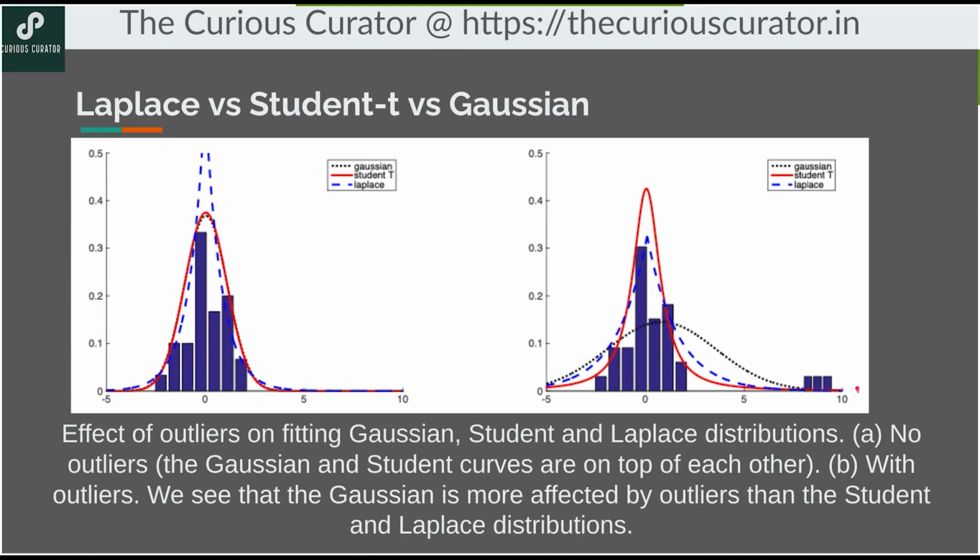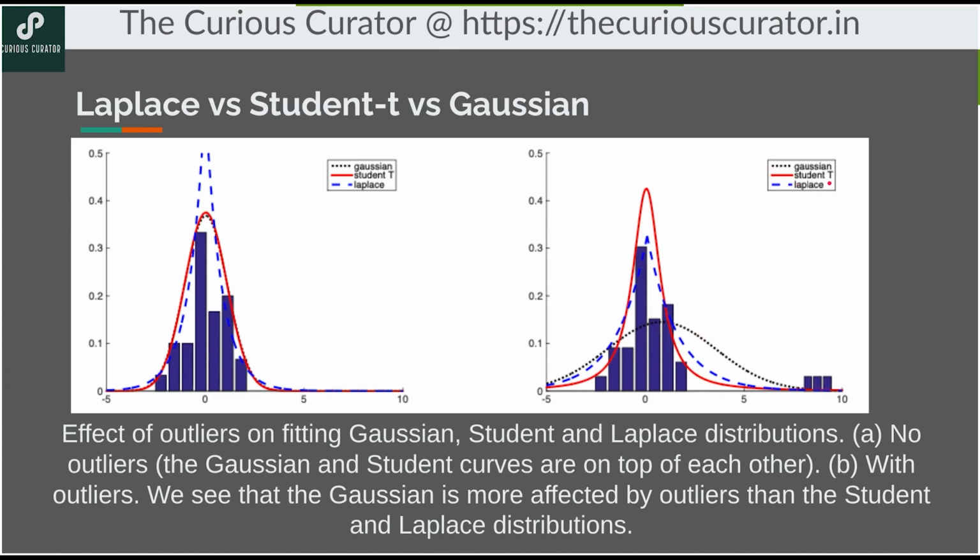Now in the second case, you have some outliers, as you can see by this histogram. Now you can see how the distribution changes. These outliers change the spread of the Gaussian a lot, and the location of the Gaussian a bit, or a lot depending on your reference, but this black distribution significantly changed because of these outliers.